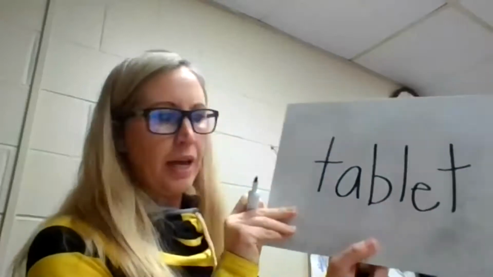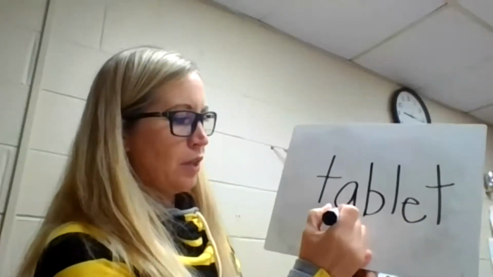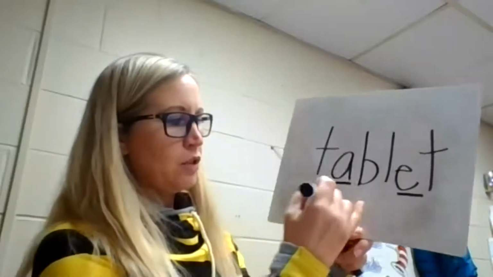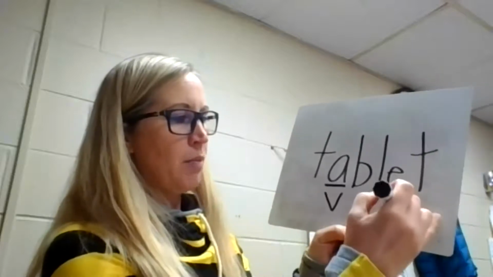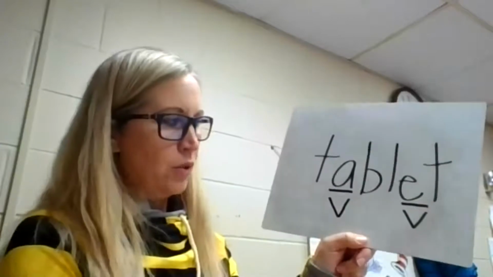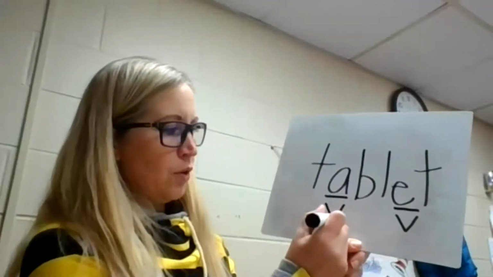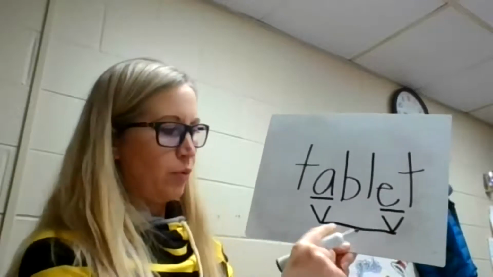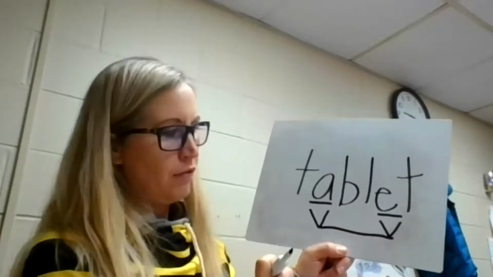Our first step is to underline the vowels. Everybody, underline your vowels. Next, we want to mark our vowels. We're going to mark them with a V, V standing for vowel. The next, we're going to draw a line and connect our vowels. We call that a bridge. We're going to draw a bridge and connect our vowels.